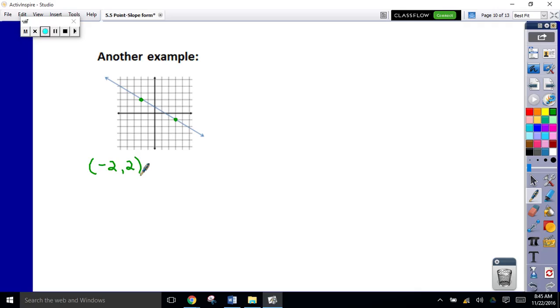Let me actually use some color here. Let me change the color of this point. Okay, what are the coordinates of the brown point, Zane? 3, -1. Good.